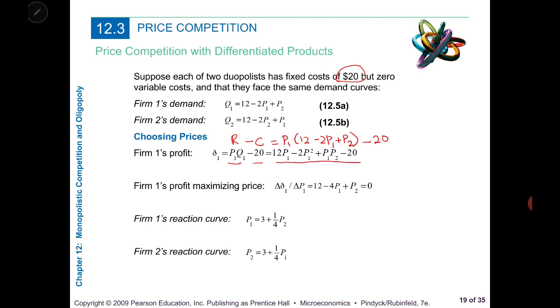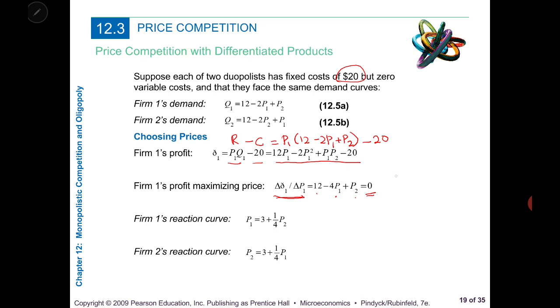Okay, and then next is to find the marginal profit with respect to P1. Marginal profit means you differentiate the profit function: 12 minus 4P1 plus P2, partial derivative. Because this is marginal profit, to maximize profit we set this marginal profit equal to 0.